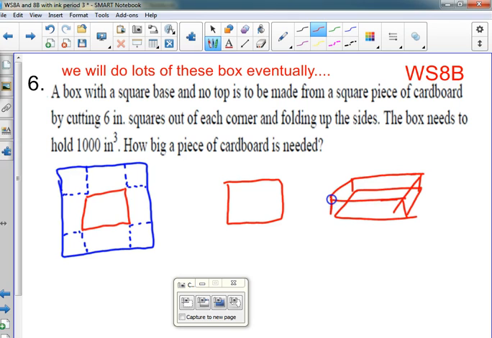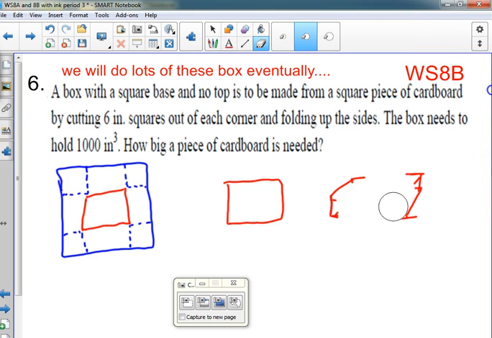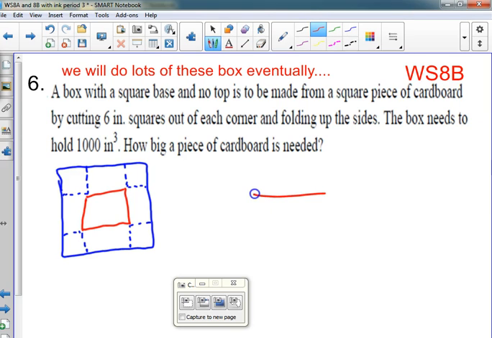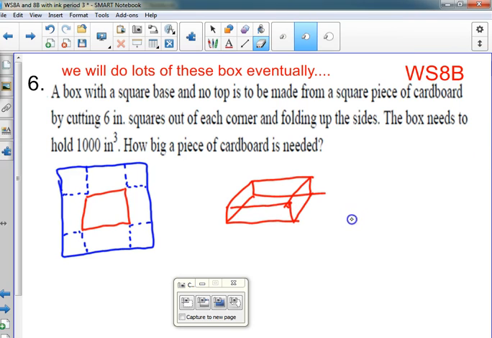My picture is not good. That's horrible. I can do better than that. Okay, this is the folded up box.